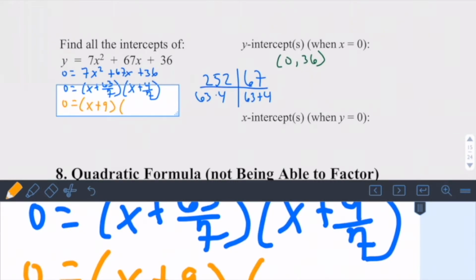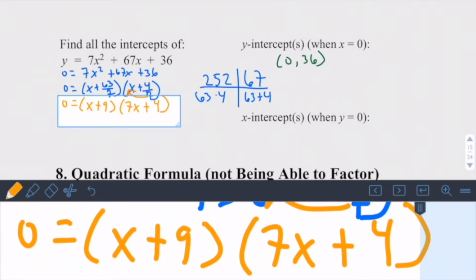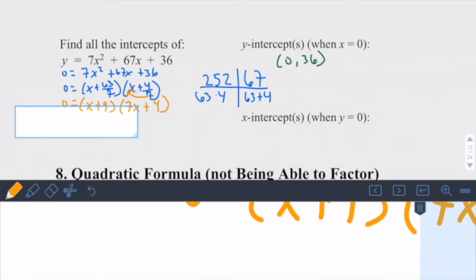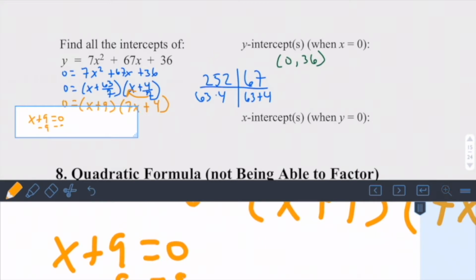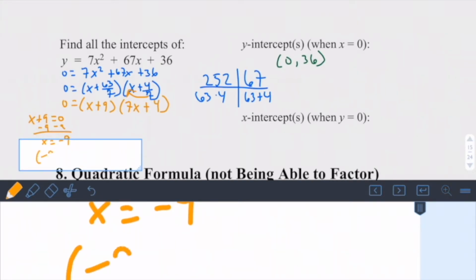And then this one doesn't divide, so I'm going to slide my 7, and I get 7x plus 4. And then I'm going to use my zero product property to solve it. x plus 9 equals 0, and if I subtract 9, I get x equal to negative 9. So my intercept is (-9, 0).